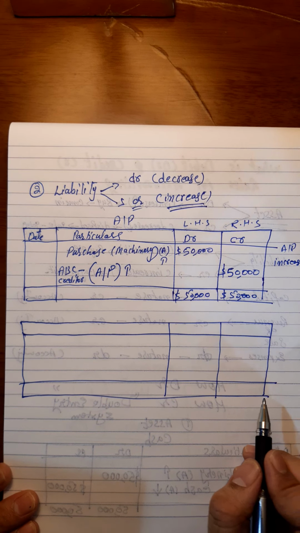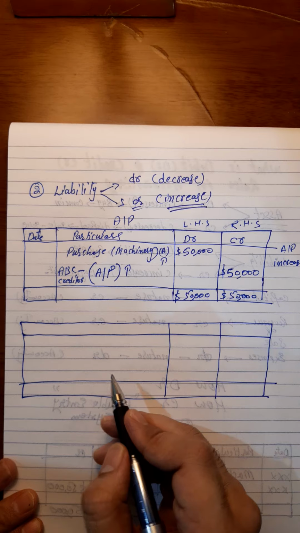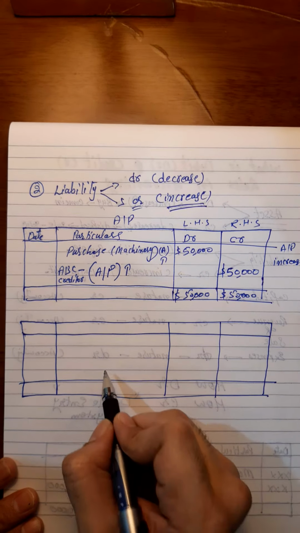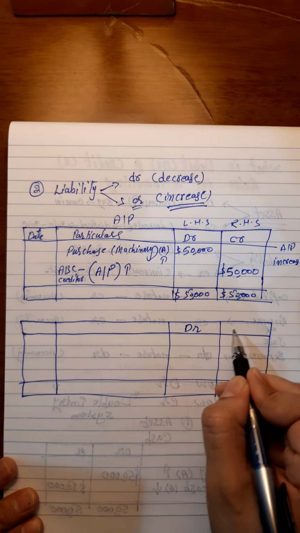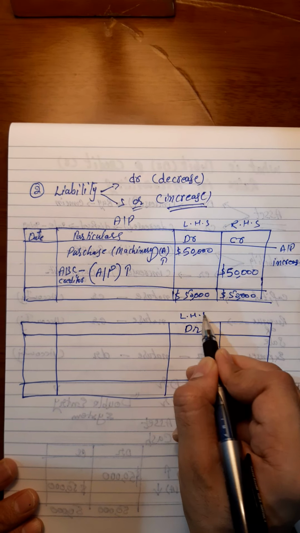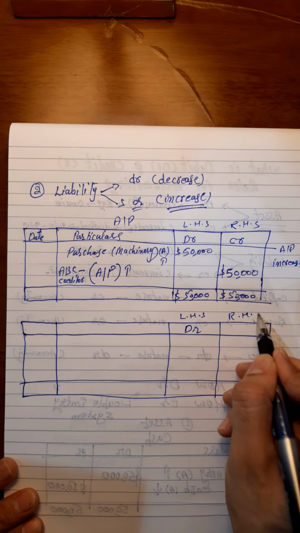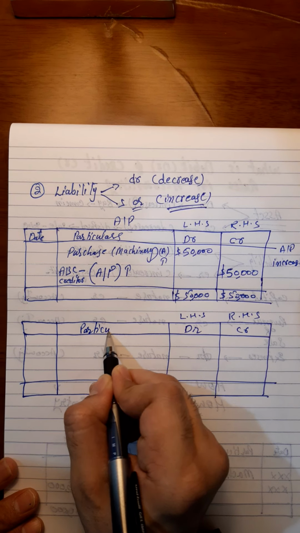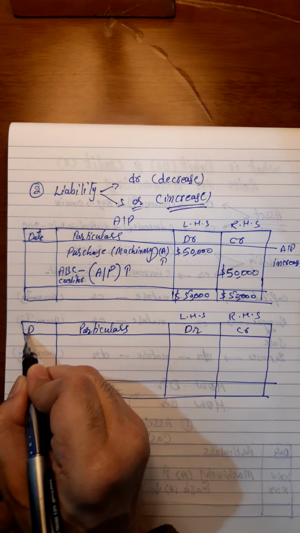Friends, we pay. Here in this ledger, debit left hand side, right hand side credit, particulars, date.